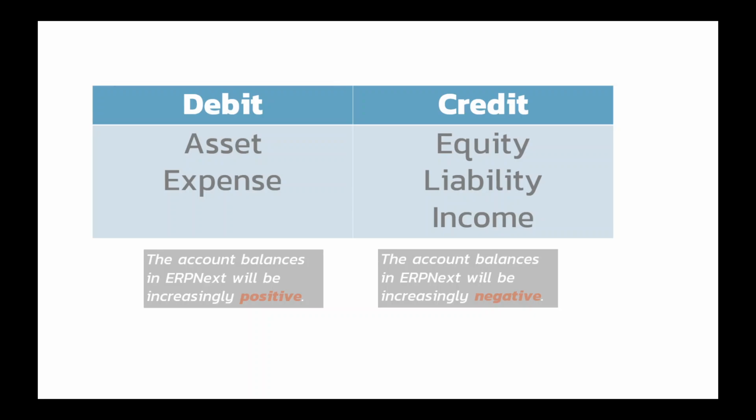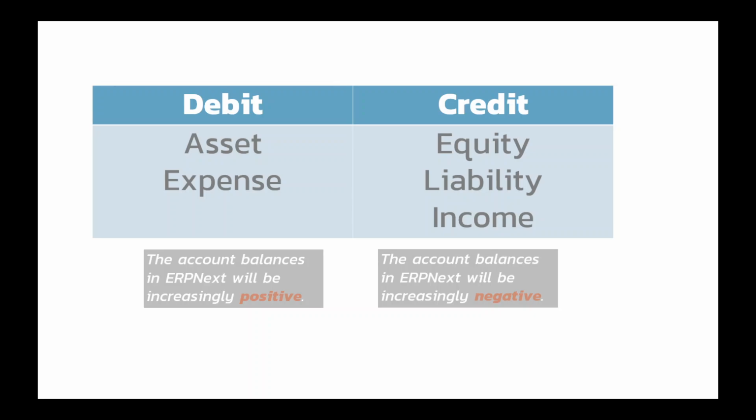If you got more money in your bank account, you should record a positive number to reflect that you have more assets. If you have an expense, if you have to pay for furniture, then you record that number as positive. Today I spent 500 baht on paper, so I record 500, a positive number.